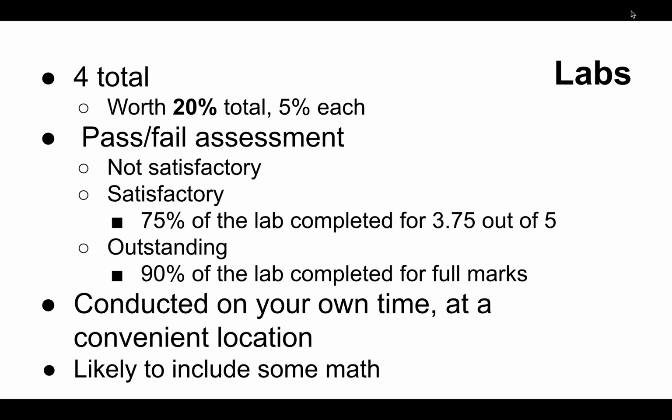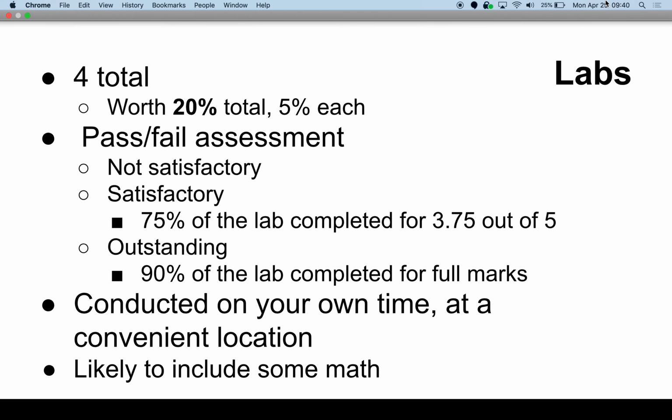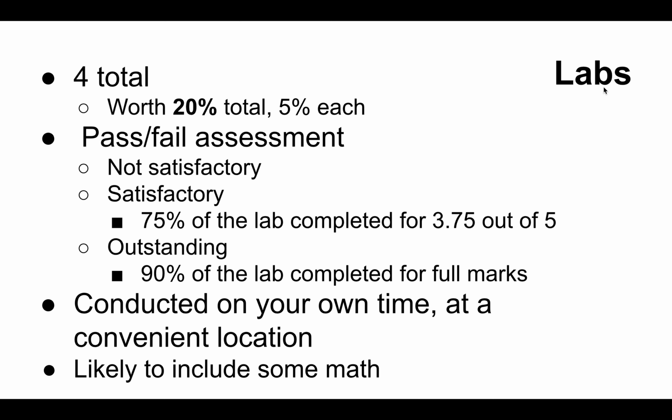So you basically have one of 3 outcomes as a result on these labs. If you don't do the lab or you don't do it in a way that's deemed to be satisfactory, then your assessment will be not satisfactory and you won't get any marks.